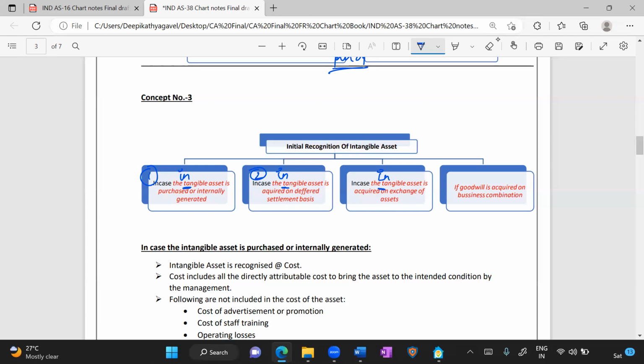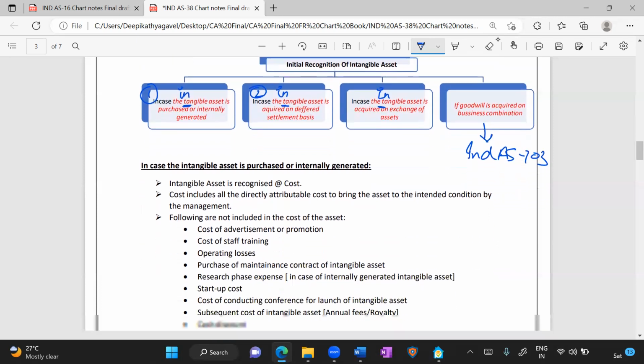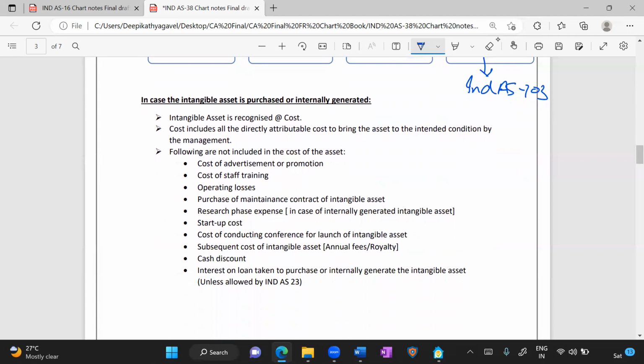Some exchange transaction is happening and from that you are getting an intangible asset. Fourth, if goodwill is acquired on business combination, when business combination is happening, goodwill is being acquired, this will specifically be dealt in Ind AS 103. I'll not be going into detail for this 4th point because it will be dealt in detail in Ind AS 103, right? Now let's look at each case.